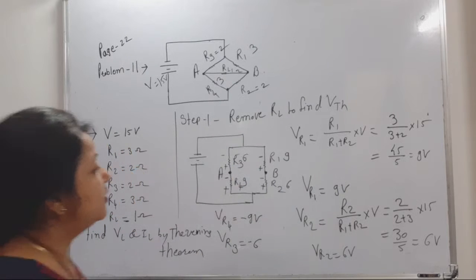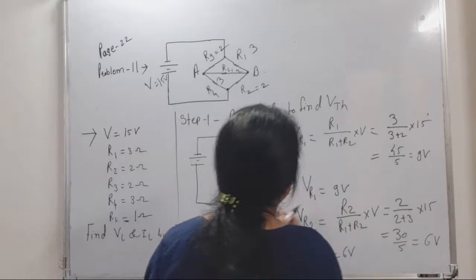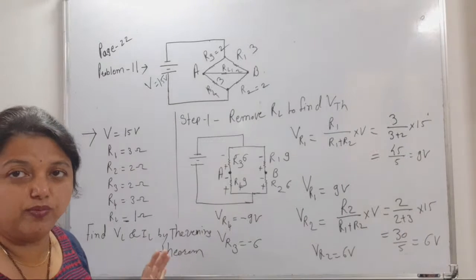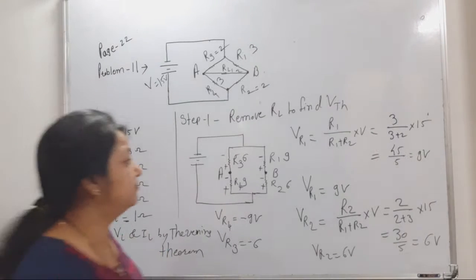Okay, so what is the potential difference? -6 -9. हा सॉल्व्ह्ड न्यूमेरिकल आहे तुमच्या टेक्स्टबुक मध्ये. परत एकदा रीड करून घ्याल.